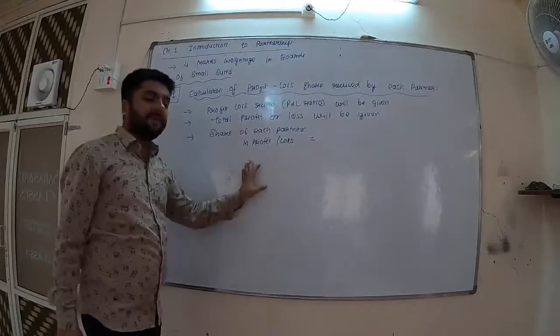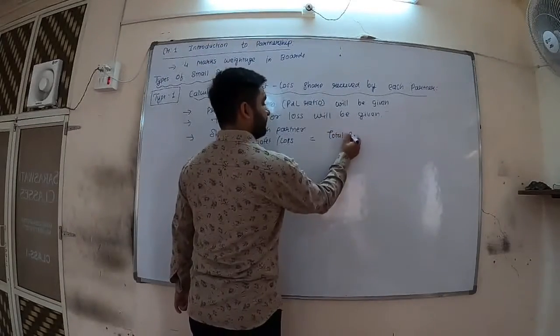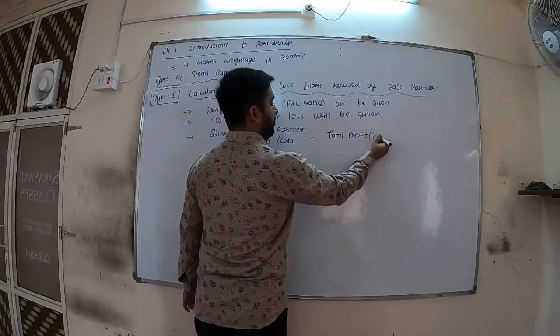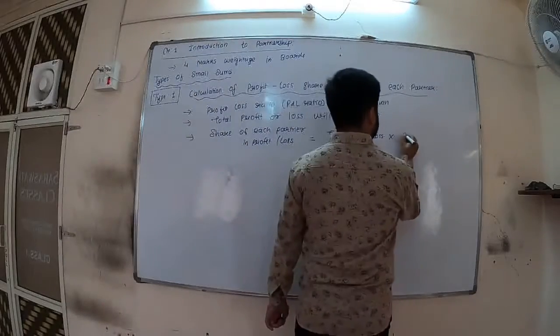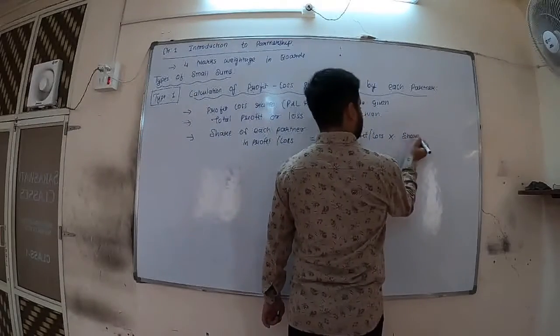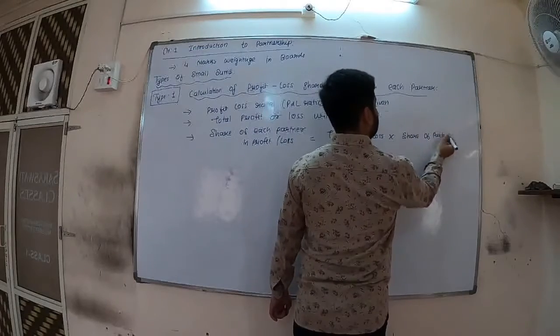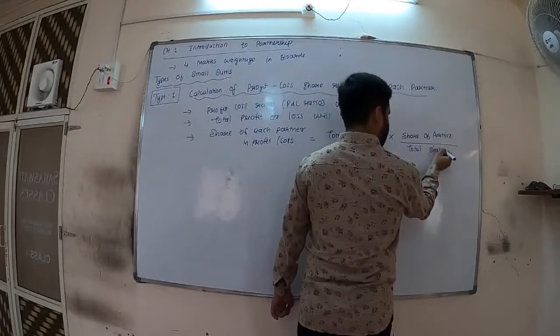Share of each partner in profit and loss is equal to total profit or loss multiplied by share of partner divided by total share.